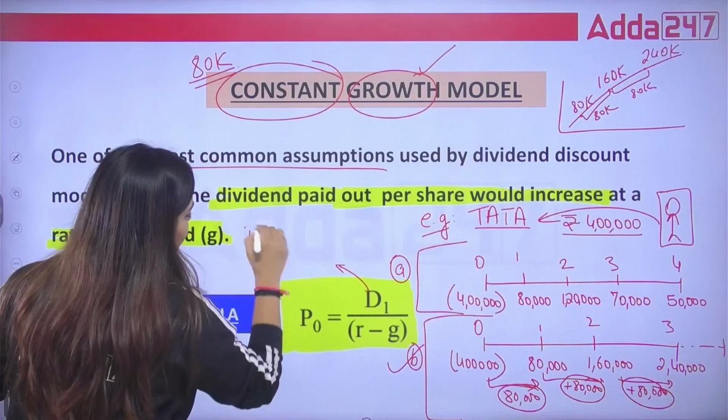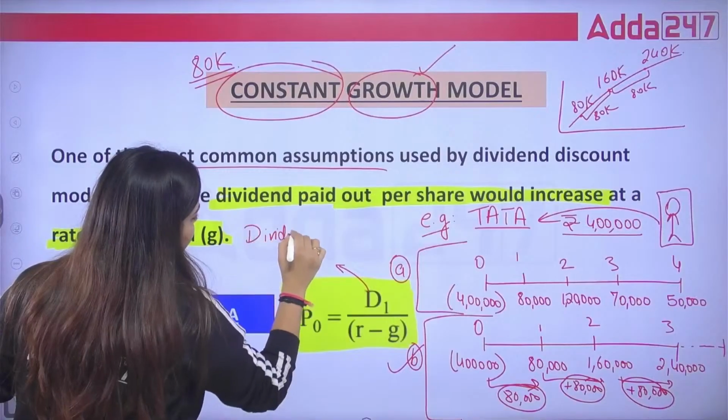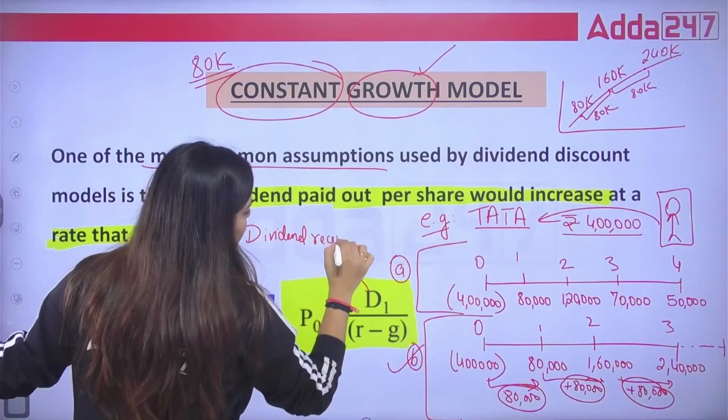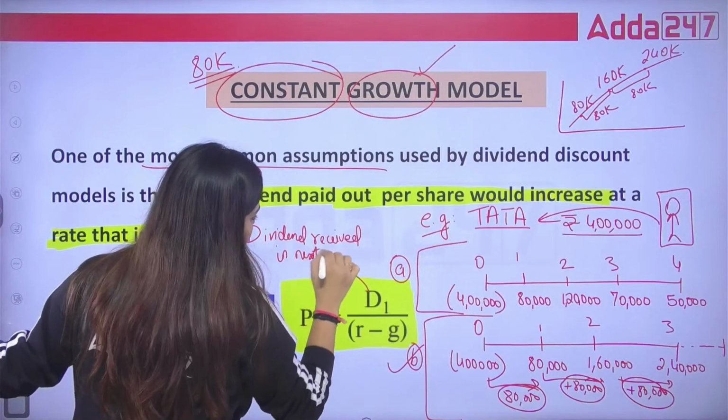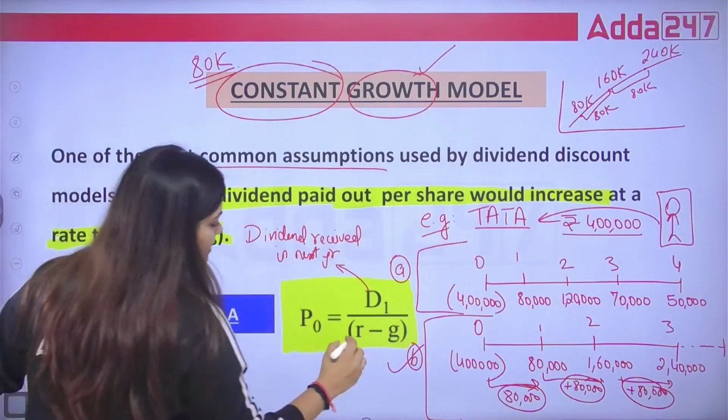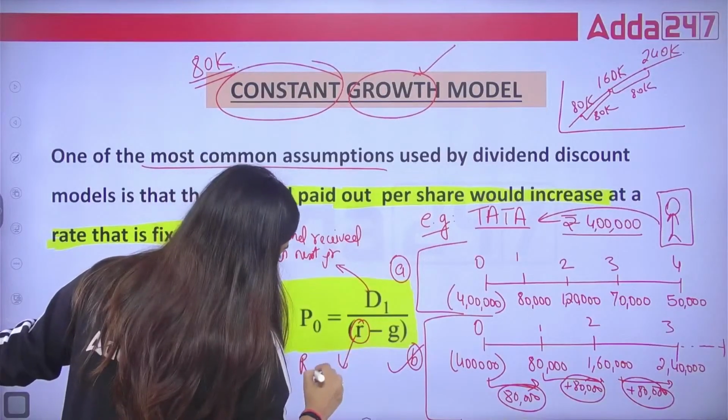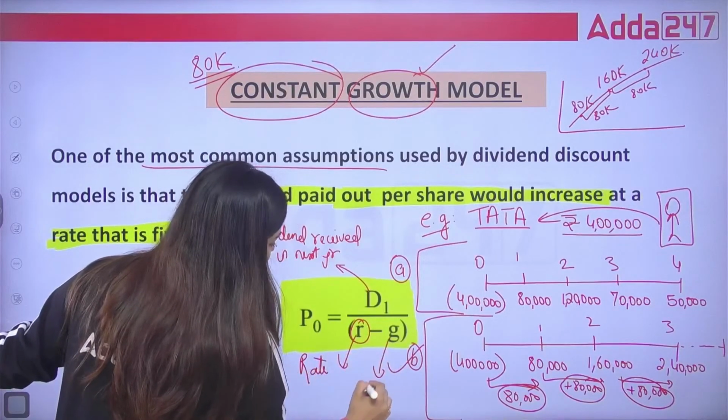D1 means the dividend received next year, next year dividend. R means your rate. G means the growth rate.